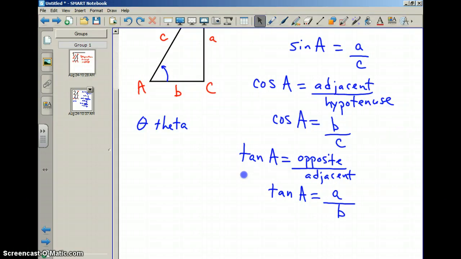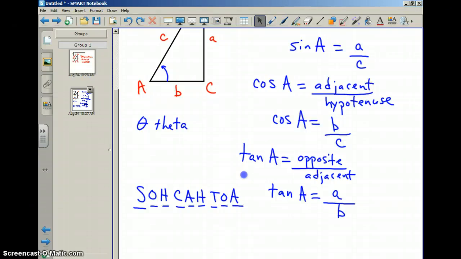Students often memorize these definitions with the mnemonic SOHCAHTOA. The sine is equal to the opposite side divided by the hypotenuse. Cosine is equal to the adjacent side divided by the hypotenuse. Tangent is equal to the opposite side divided by the adjacent.